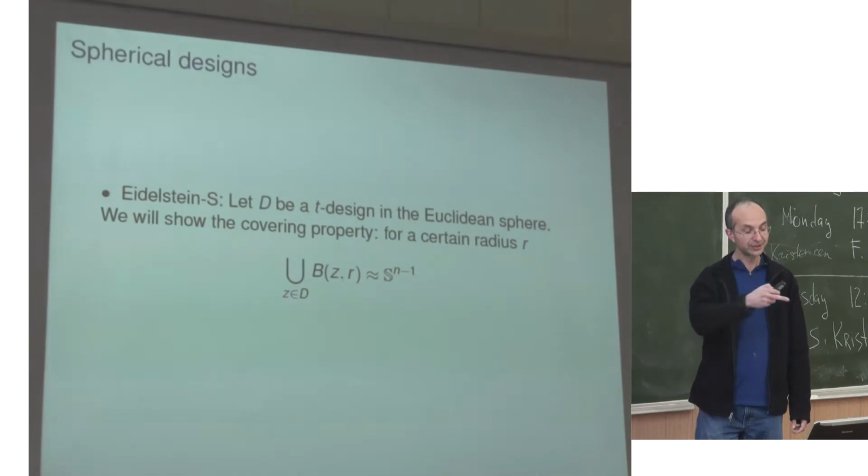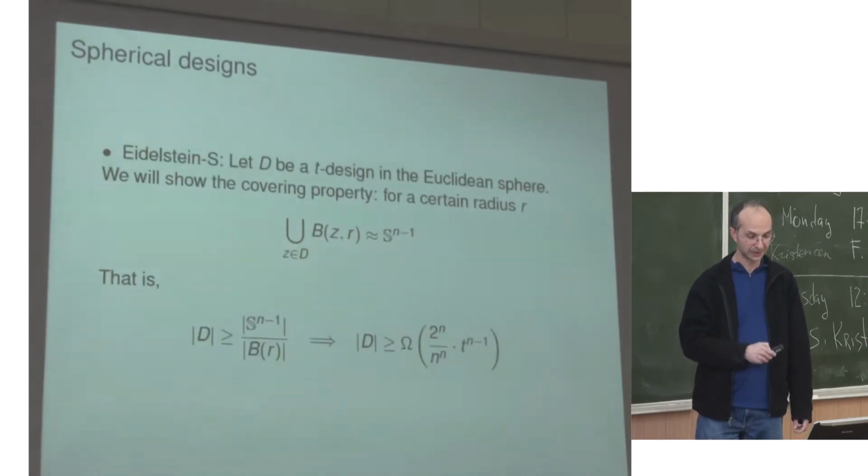If we take spherical caps of radius r around the points of the design, we cover almost the whole space. So this would imply that the cardinality of the design is at least the volume of the sphere divided by the volume of a spherical cap. And when one plugs in the right radius, this gives this bound.